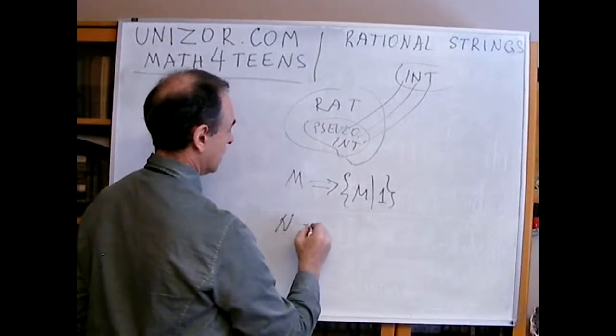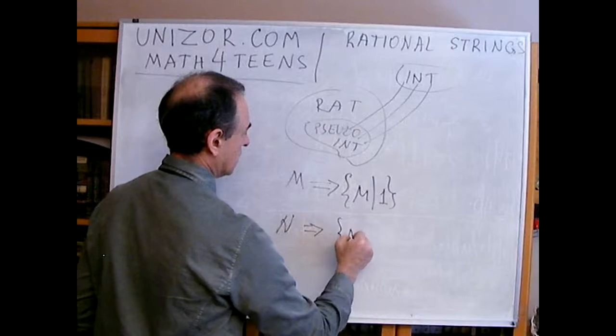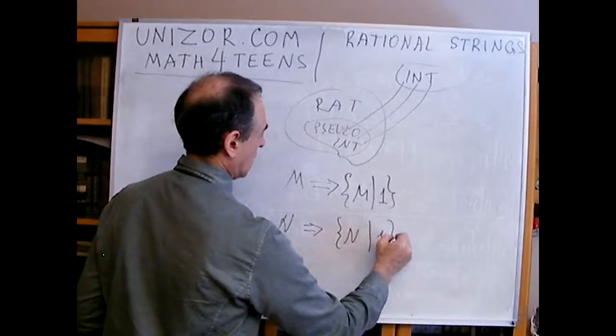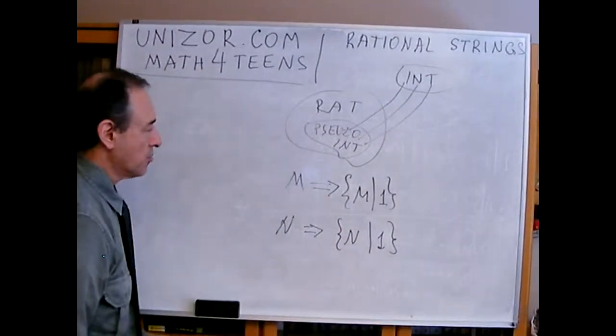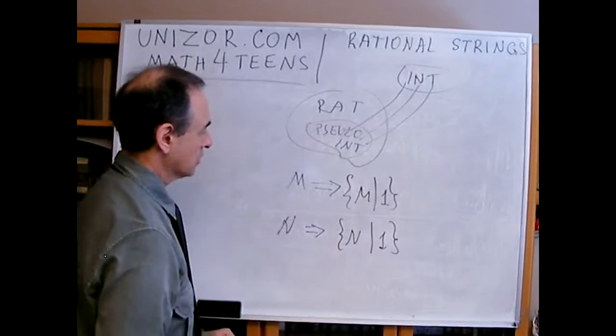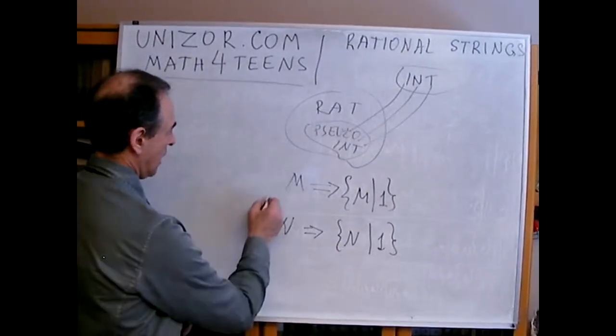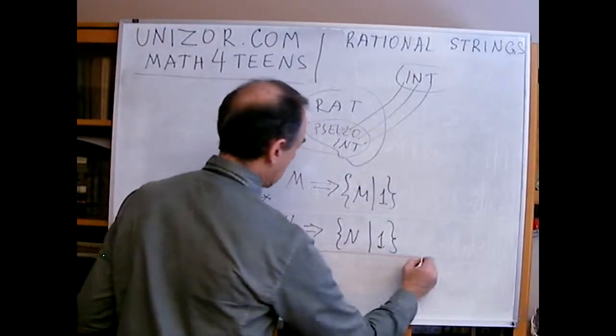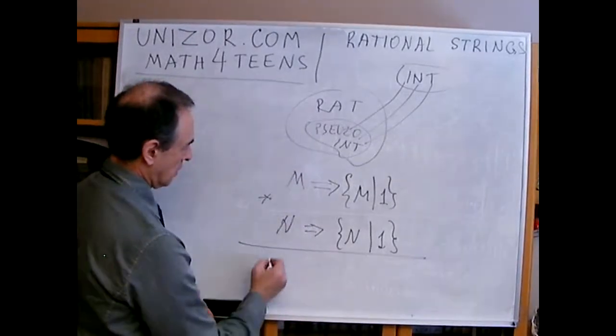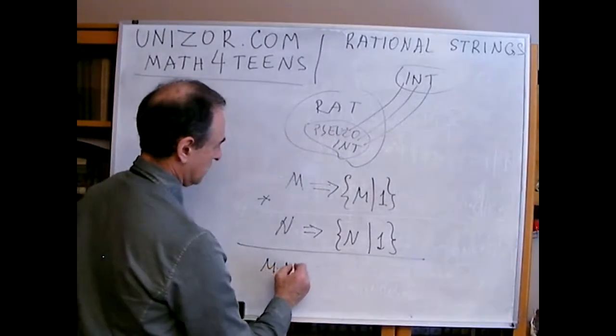Okay, let's take number n, which maps into rational number n over 1. Now, result of their multiplication here is m times n.